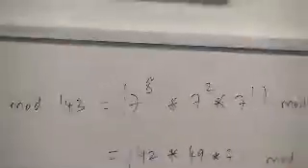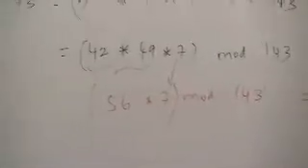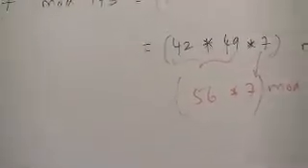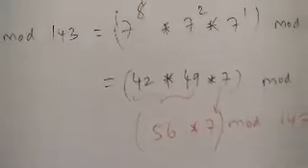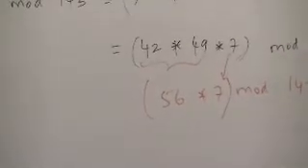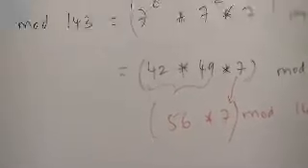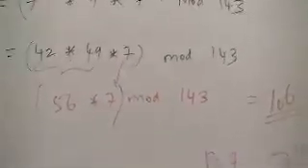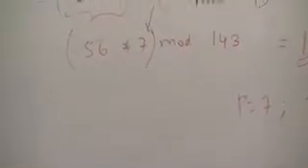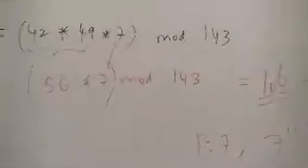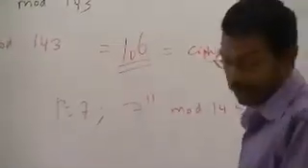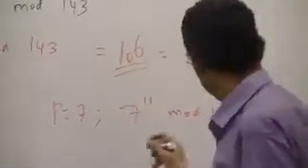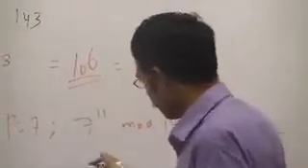Right? So this is the cipher text. What we did, we computed 7 raised to 11 mod 143. 7 was the plain text. And we computed 7 raised to this, and we got this as the cipher text. So now we want to decrypt. In this case, the encryption and decryption keys are the same, but generally they need not be the same.